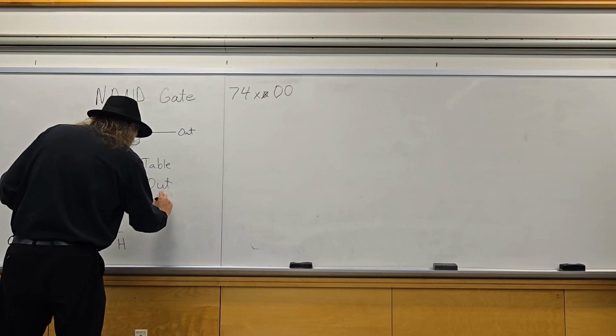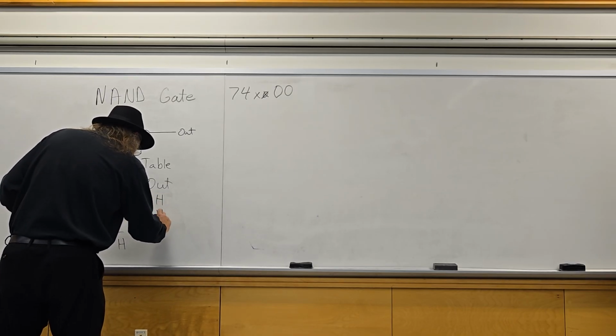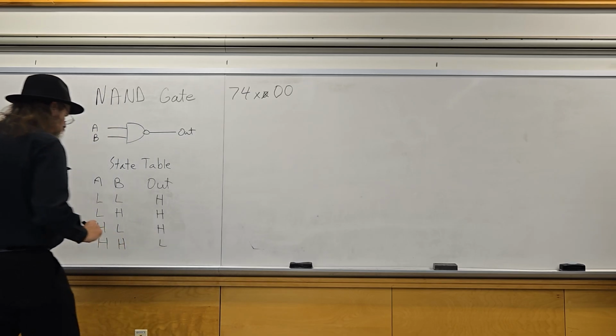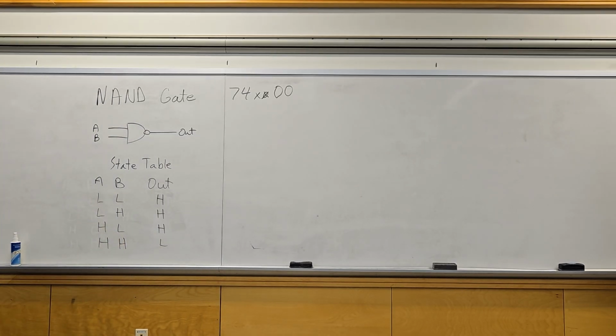So the state table looks like that. It is the opposite of an AND gate. It's high when one or both of the inputs are low, and low if both inputs are high.